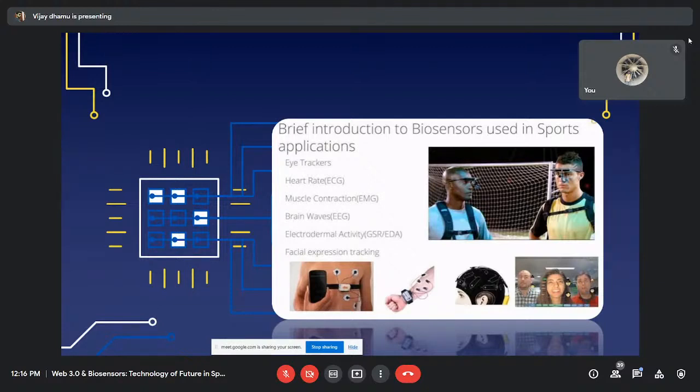Electrodermal activity is nothing but how our skin temperature changes based on the situation that we are exposed to. And facial expression tracking, mostly camera based, where how our facial expression changes based on the environment or work that we are forced into.